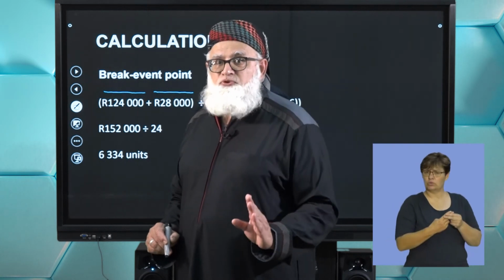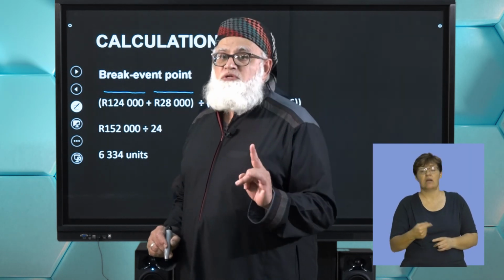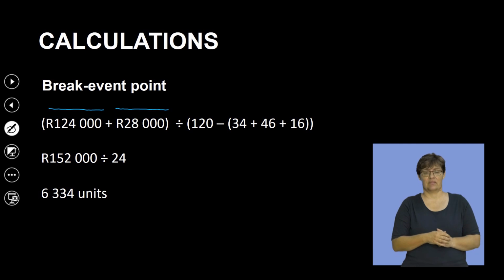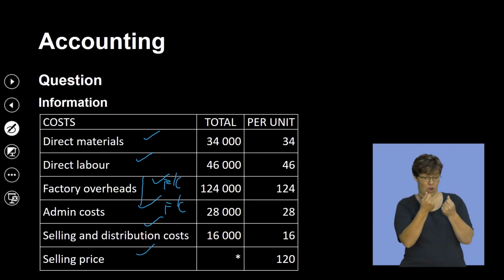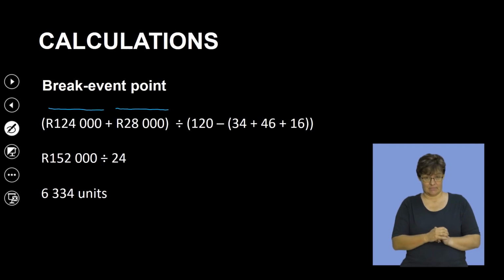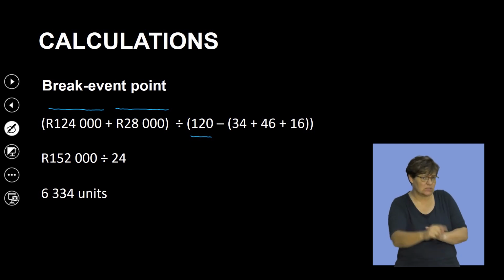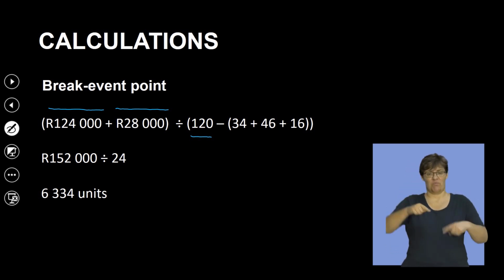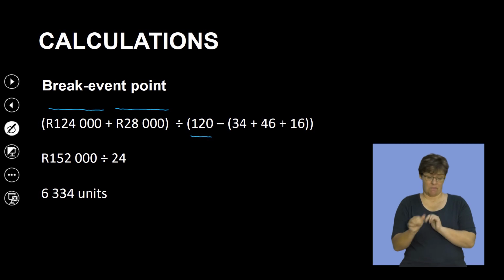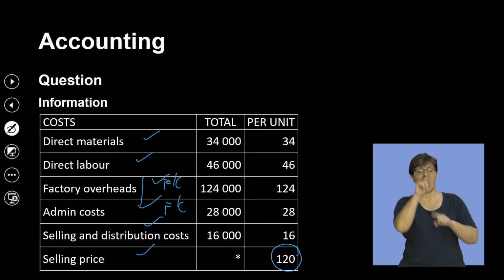What is my contribution per unit? My contribution per unit is, watch, selling price per unit. My selling price per unit is 120, right? So therefore, I say 120 minus what? My variable cost per unit. I go back and identify my variable cost per unit.